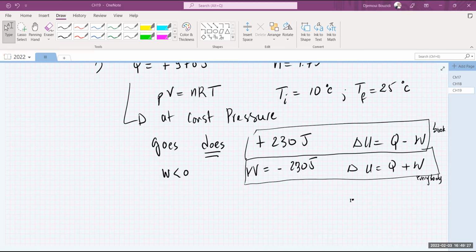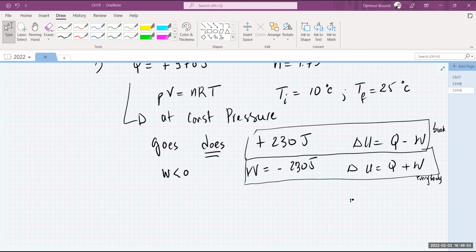The rest is academic. Work during the expansion: another key word that tells you it has to be negative is expansion. As it expands, it does work on the environment, so it loses energy from within in the form of work.